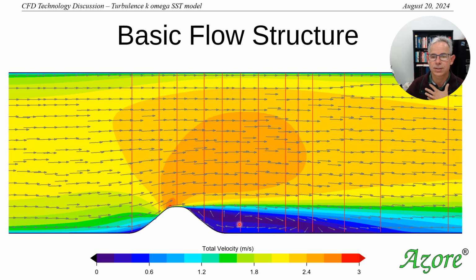There is a low velocity recirculation zone here. You can tell by the velocity vectors that indicate the directionality of the fluid in this area. So the flow accelerates, goes over the hill, then begins recovering and reattaching down here, and a recirculation zone is formed. These red lines again are where the experimental data is taken that we can use to compare our CFD predictions to the experimental data.